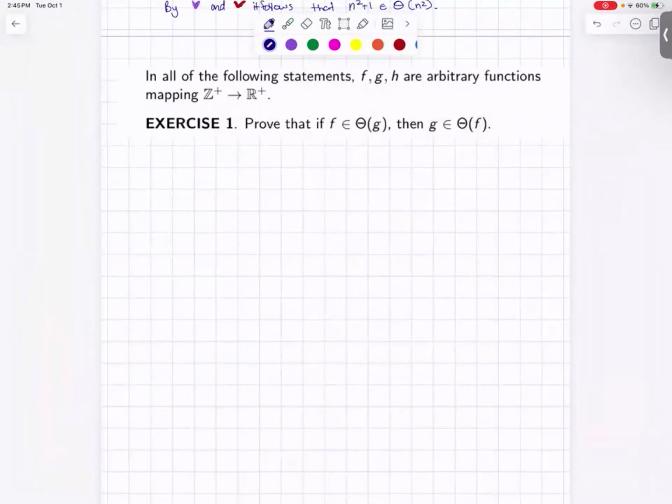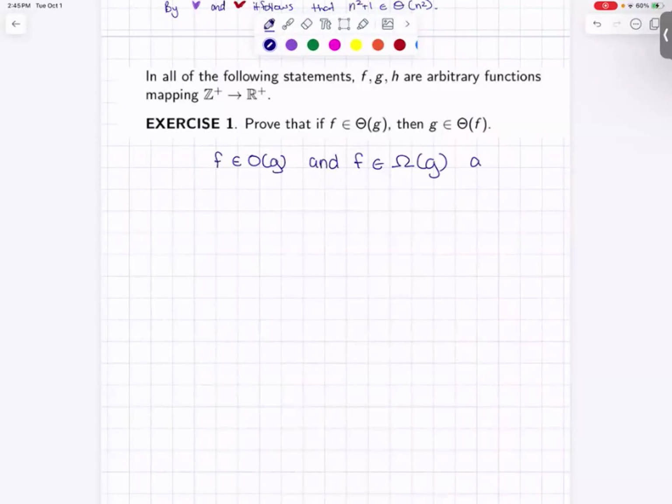We're proving that f is in big O of g and f is in big omega of g. And then g is in big O of f, and g is in big omega of f.